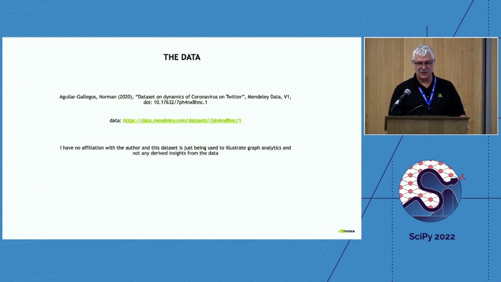The data, I'm using a Twitter data set from this paper. Just like to say, I have no affiliation with it. This just seemed like a cool data set to use. Getting a data set is kind of always the toughest problem. So I'm using this data set. I'm not making any claims about what I find in the data set. It's just I'm exploring it.